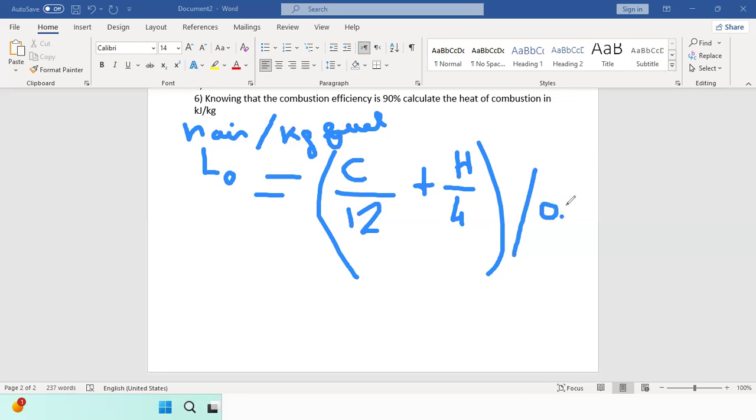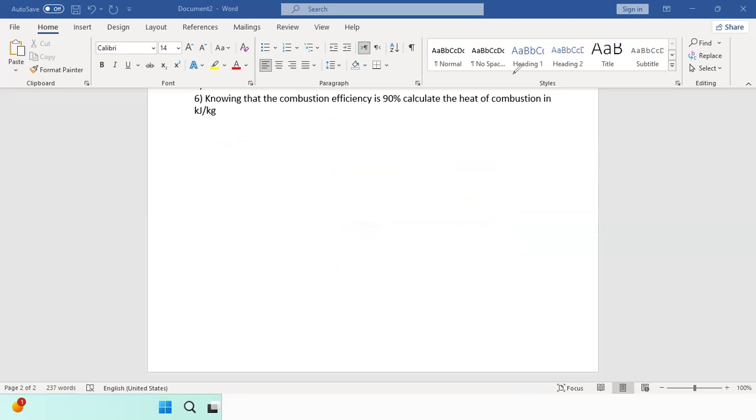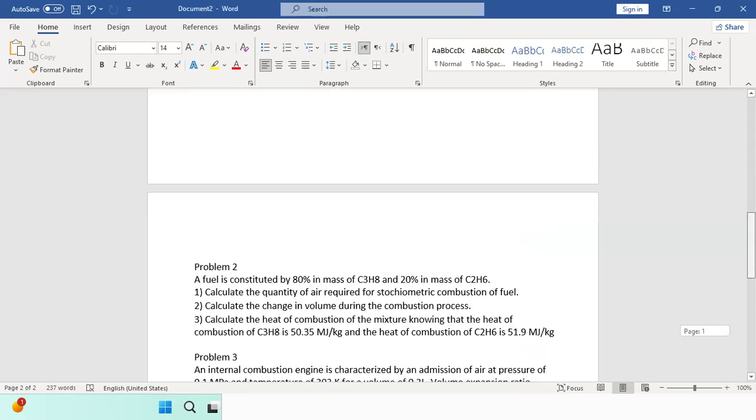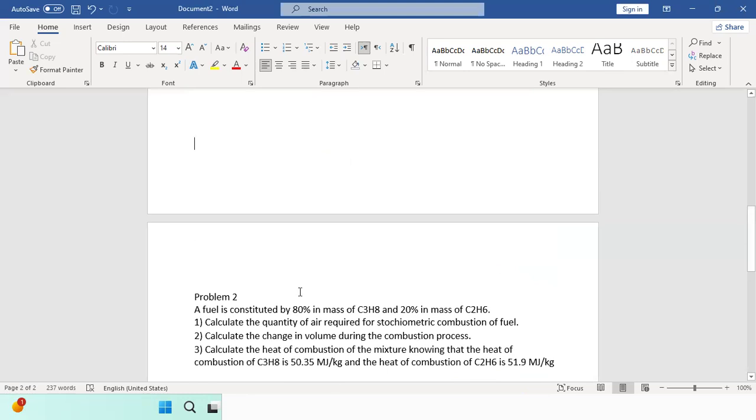So you can directly apply this result here. All you have to do then is to determine the percentage in mass of carbon and the percentage in mass of H in your fuel. How to do this? We go back to the percentages they gave us. They said in this problem that we have 80% of C3H8 and 20% in mass of C2H6.